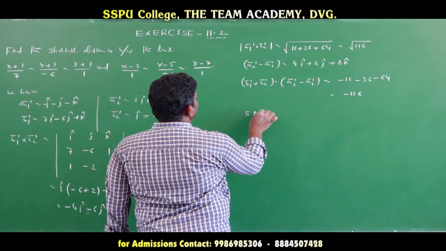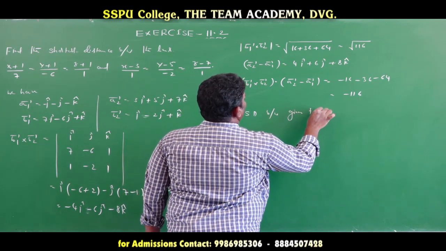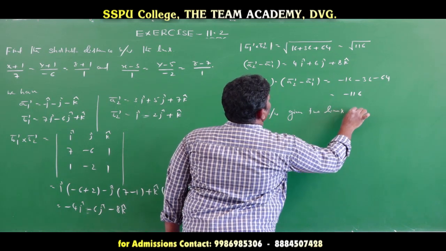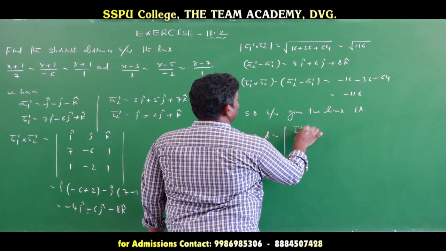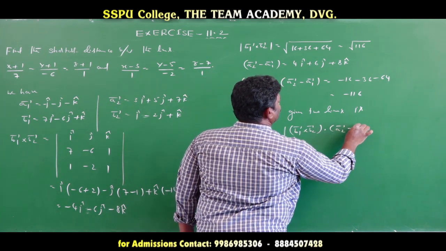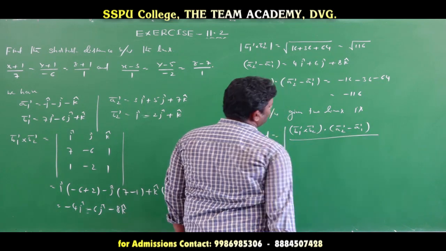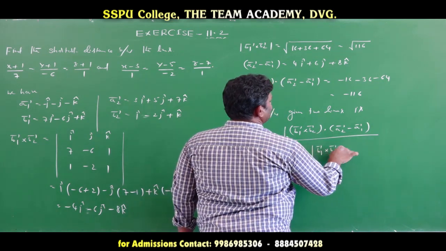Now the shortest distance between the given two lines is d equal to b1 bar cross b2 bar dot a2 bar minus a1 bar, by the magnitude of b1 bar cross b2 bar.